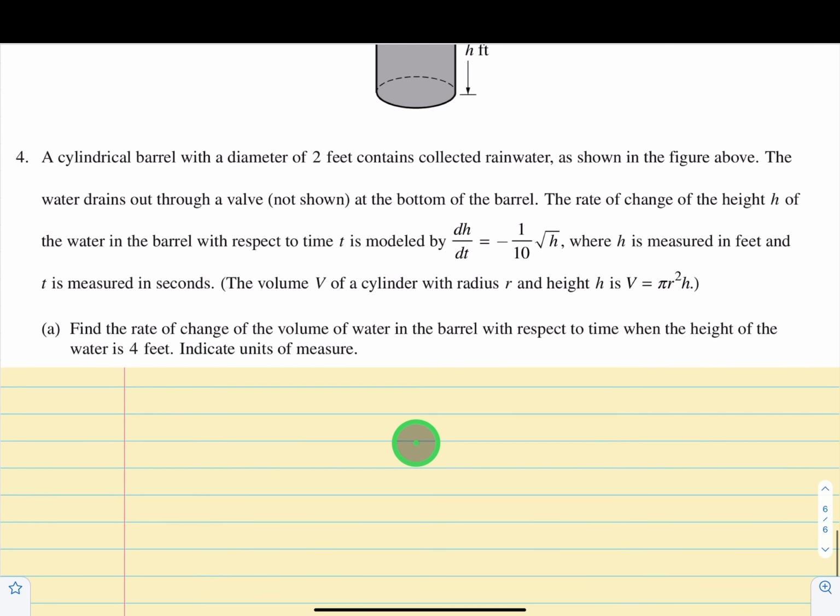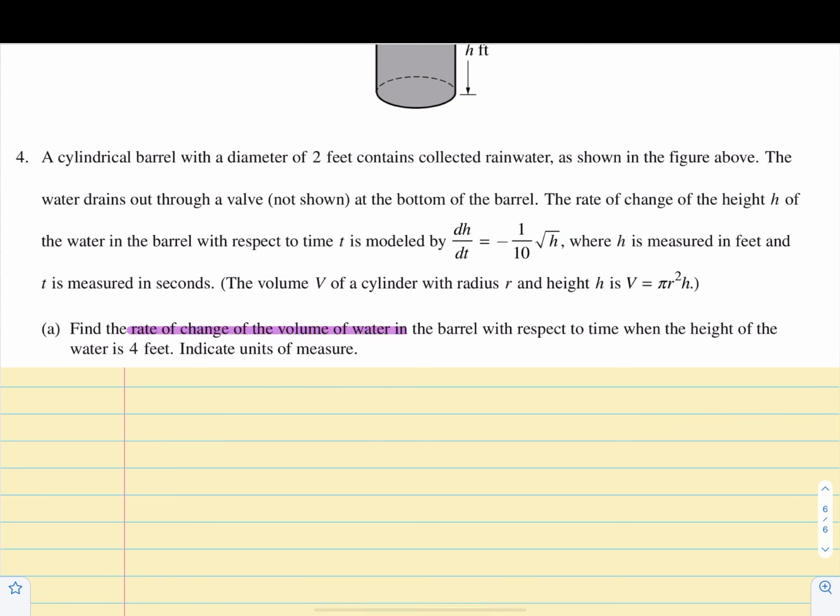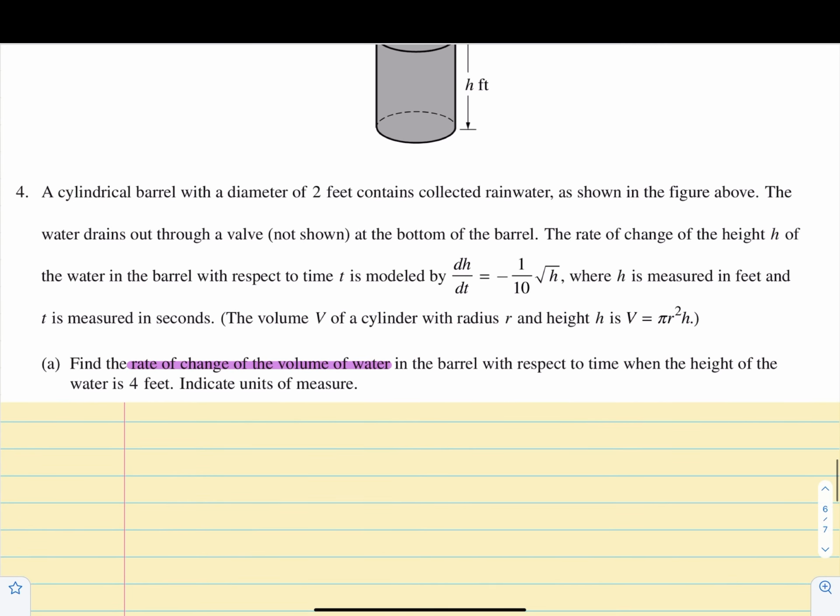So let's do this. Because we want to find the rate of change of the volume of the water, we need the volume of this barrel. So V equals pi r squared h, and because the diameter is 2, the radius will be 1.